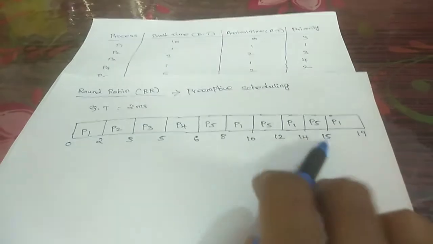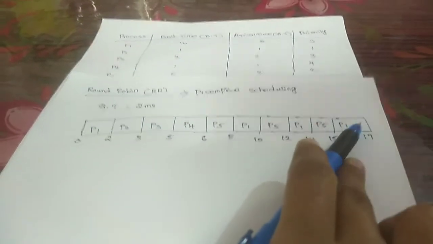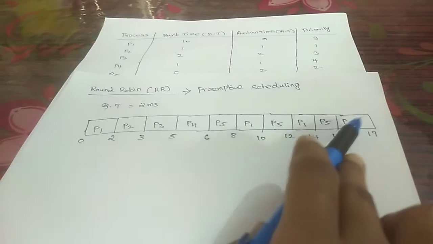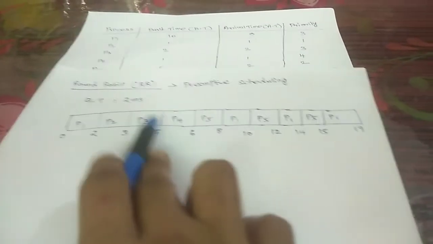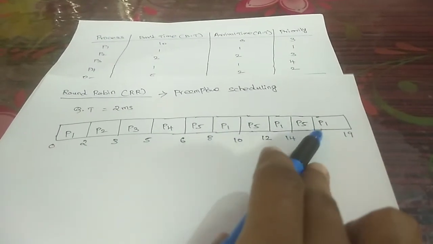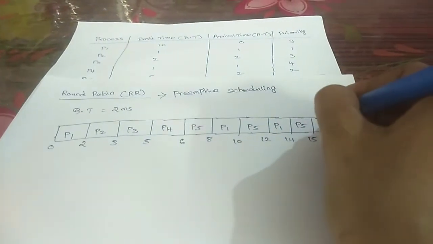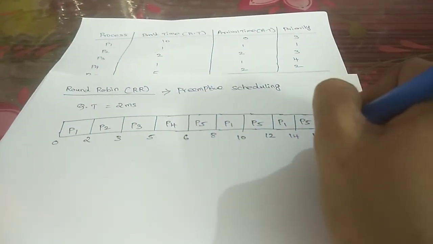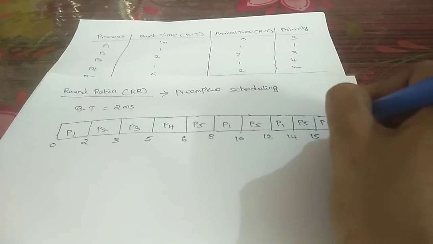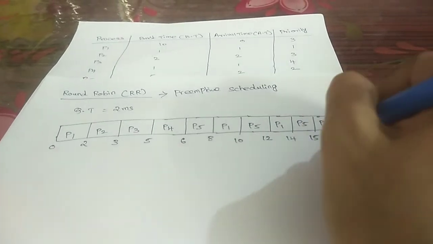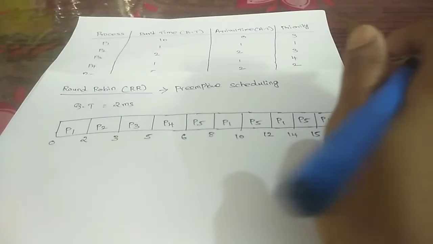Why 19? Because there is no pending process, so P1 occupies the remaining execution time of the processor. Or otherwise we can put 2 milliseconds to 17, again P1 to 19. We can execute like this also.